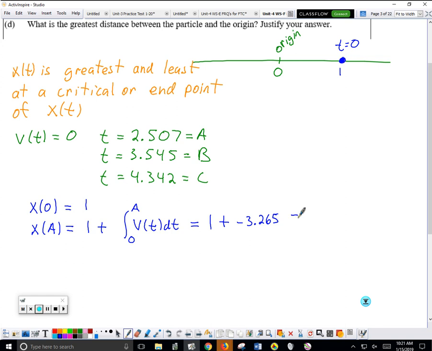So the new position is negative 2.265. So far that's where the particle will be most distant from the origin, right here. But we need to check the other critical points, so I keep going. The position at time B is 1 plus the integral from 0 to B of the velocity.